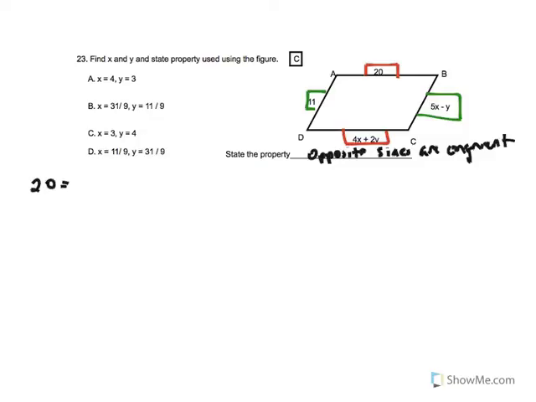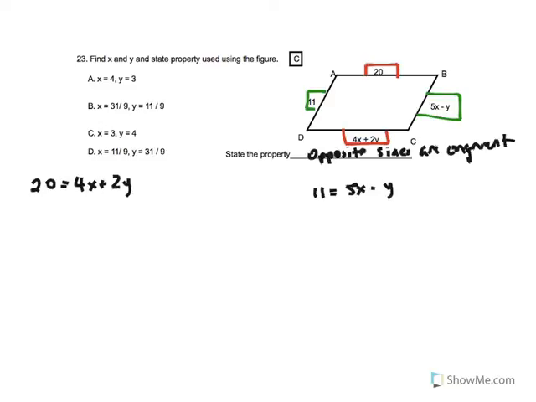So I get 20 equals 4x plus 2y, and then I get 11 equals 5x minus y. So if you'll notice, I have x's and y's together, which means I'm going to have to do a system of equations.